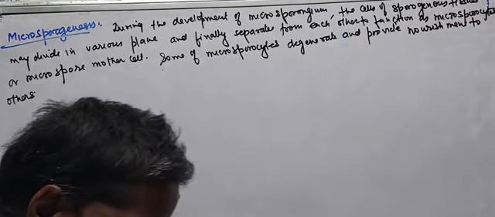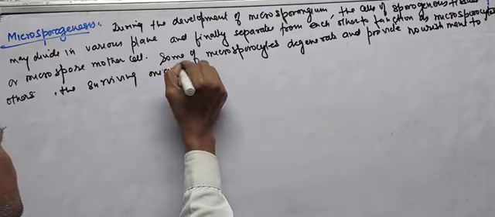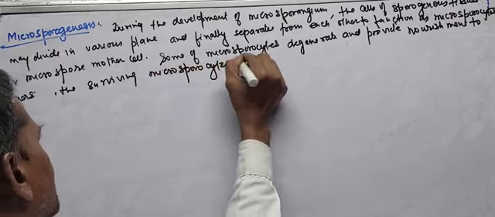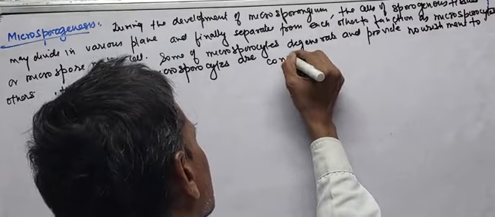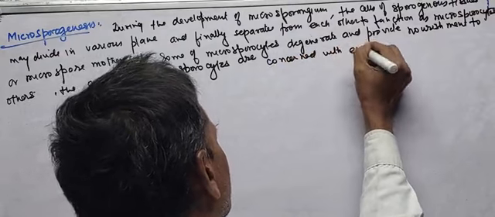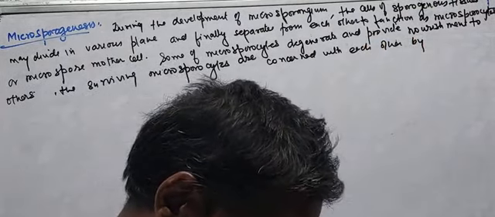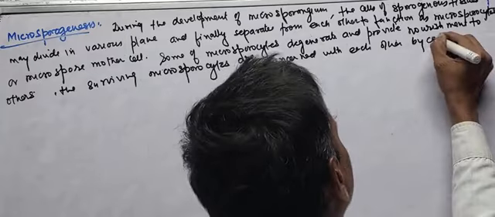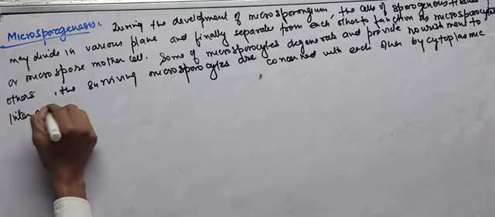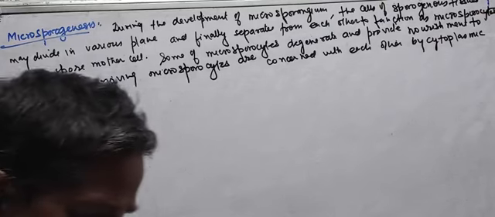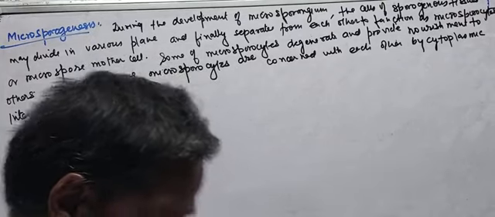The surviving microsporocytes are connected with each other by cytoplasmic interconnection, and have prominent diploid nuclei.